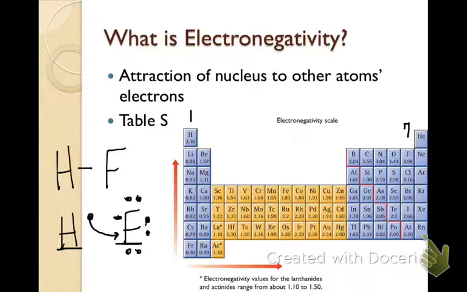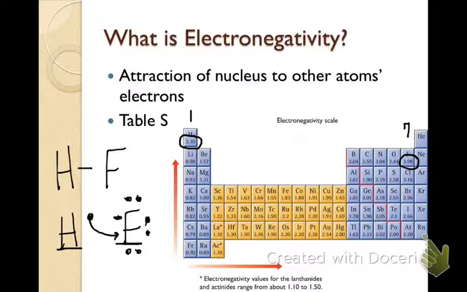So if we look here on this table, hydrogen has an electronegativity value of 2.10. These are arbitrary values. They don't really have any units. They're just pretty much relative to one another. Fluorine, on the other hand, has an electronegativity of 3.98. So really, fluorine, since it's a bigger number, it has a greater attraction of electrons.